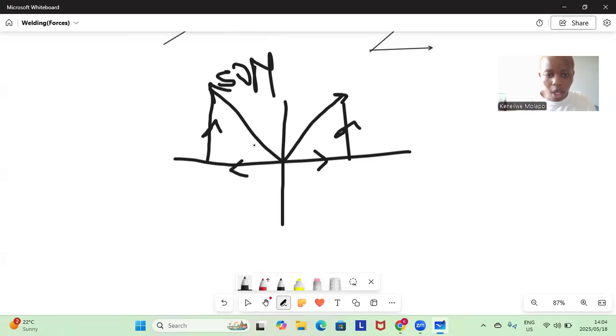So maybe here you have an angle of 30 degrees. On this side you have maybe an angle of 20 degrees. Then here maybe you have 100.